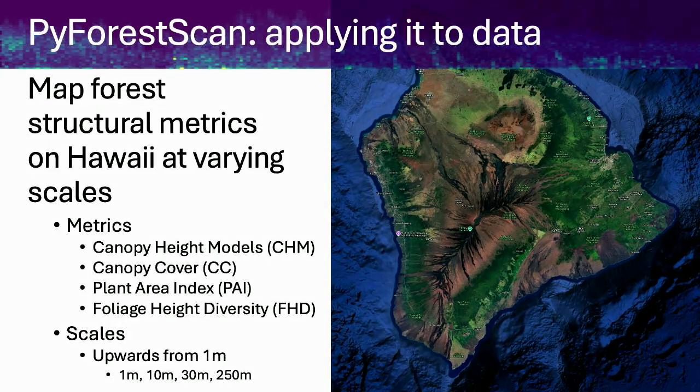And yeah, what does it look like when we apply it to data? So if we want to map forest structural metrics on Hawaii at varying scales, for example, this is what I'm doing right now. Canopy height models, canopy cover, plant area index, foliage height diversity across various scales, from 1 meter, 10 meter, 30 meter, and 250 meter resolution products.